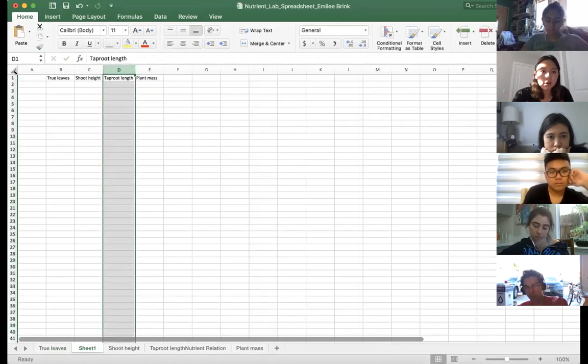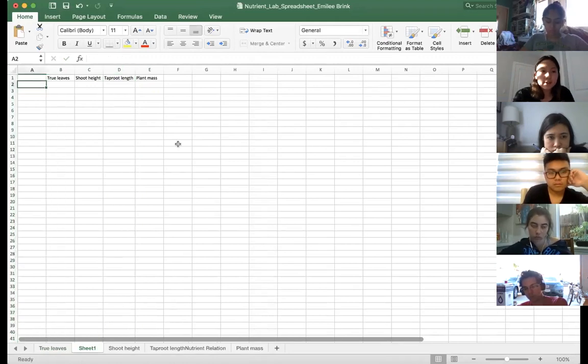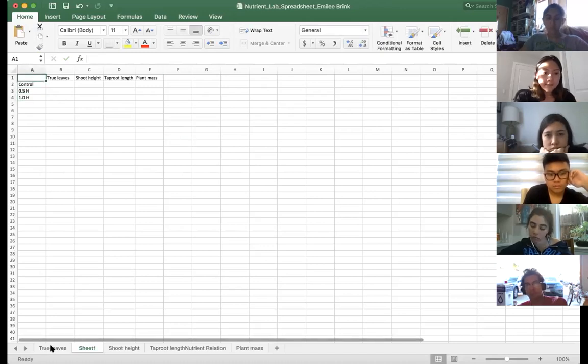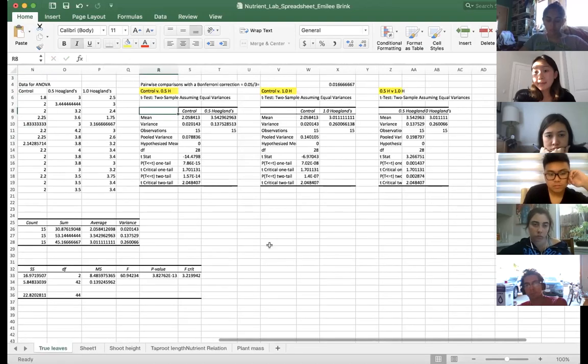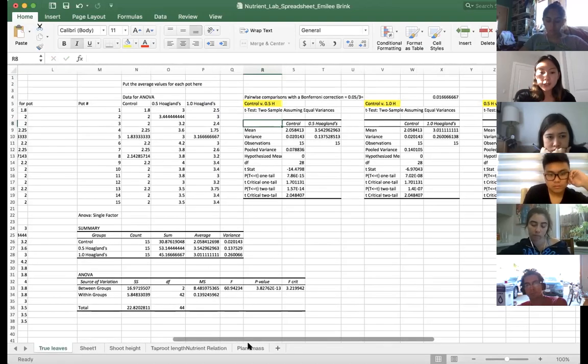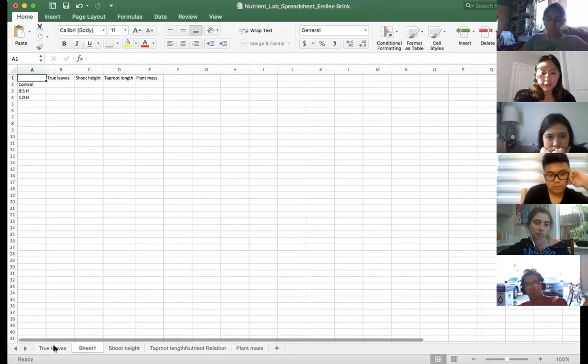So that's going to go at the very top. And then right here on the first column, I'm going to do control, 0.5 Hoagland's, and then 1.0 Hoagland solution. Everybody with me so far? Okay, so what I'm basically going to do is I'm going to copy and paste all the means into this one singular table.